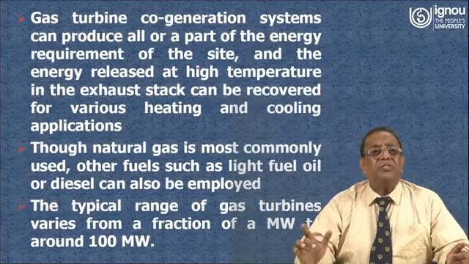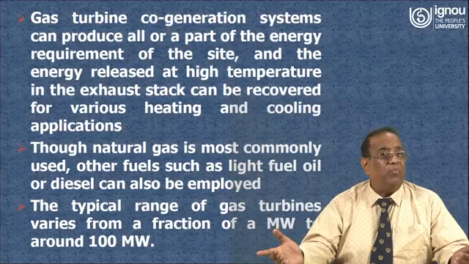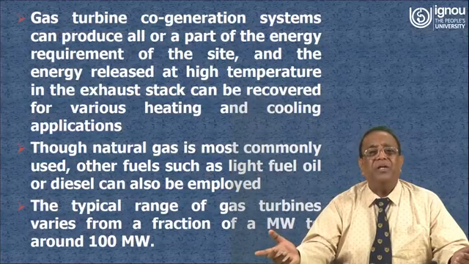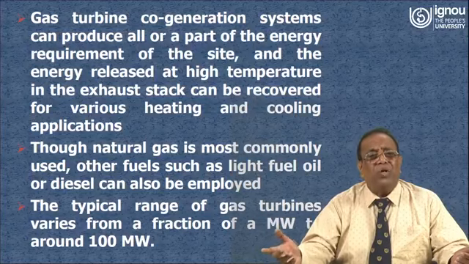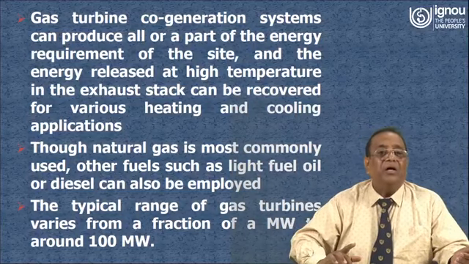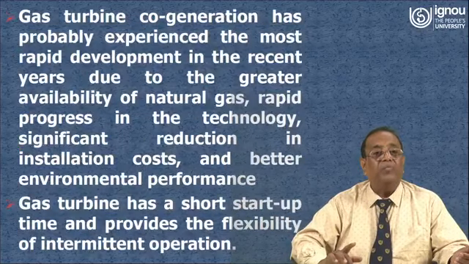A gas turbine cogeneration system can produce all or a part of the energy requirement of the site, and the energy released at high temperature in the exhaust stack can be recovered for various heating and cooling applications. Though natural gas is most commonly used, other fuels such as light fuel oil or diesel can also be employed. The typical range of gas turbines varies from a fraction of a megawatt to around 100 megawatt.